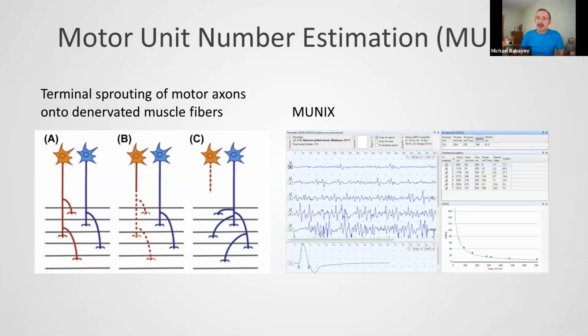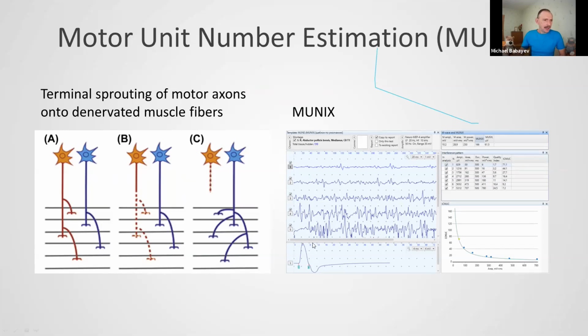Motor unit number estimation, MUNE techniques. Previously, I told you that each of our muscles has up to a few hundred motor units. Why is it necessary for us to estimate the real number of motor units? Let me explain.